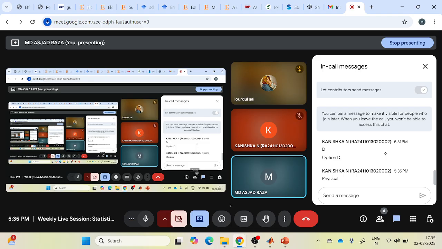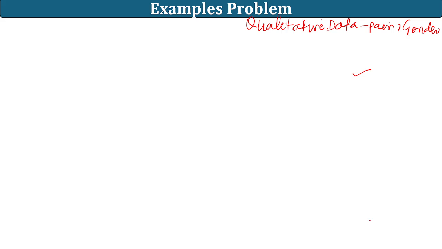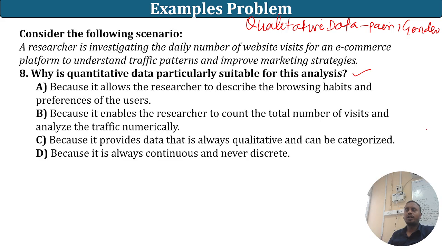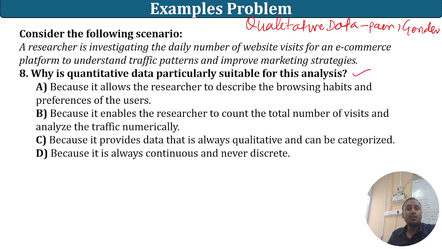Qualitative data is something interpreted physically, and quantitative data is something that tells us about numbers. That number can be of anything.